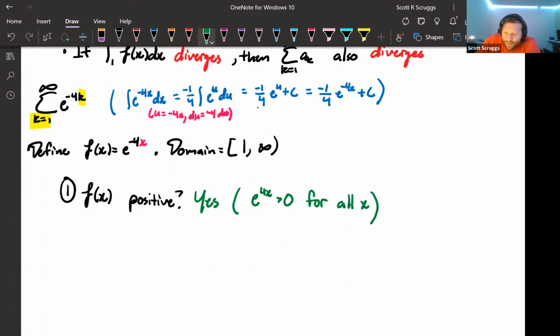And e to the -4x is just 1 over e to the 4x. Numerator is always positive. Denominator is always positive. So that entire function better always be positive as well.